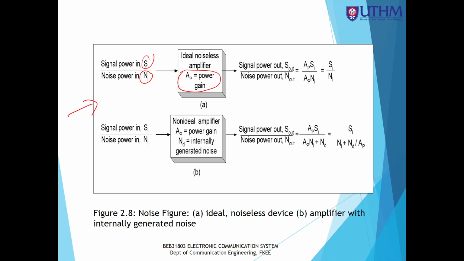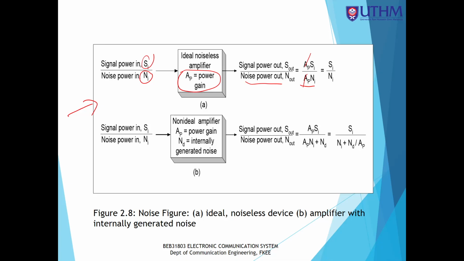The output S output is AP times SI, of course, because we multiply with the gain. The noise power also will be multiplied by the gain, so AP times the noise input. Therefore, we can cancel out and we get SI over NI.